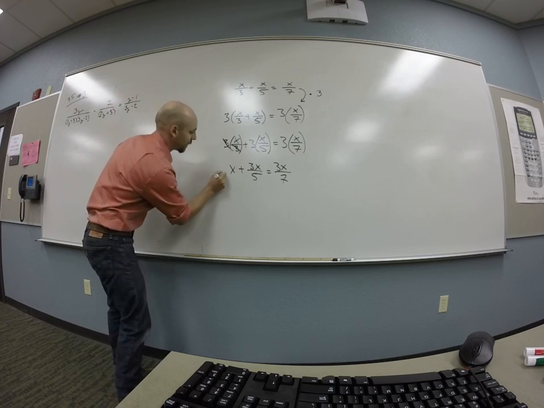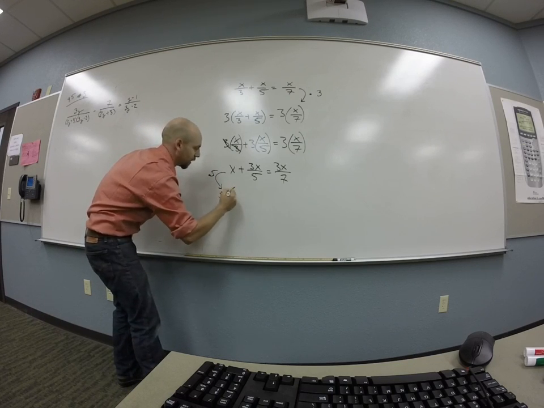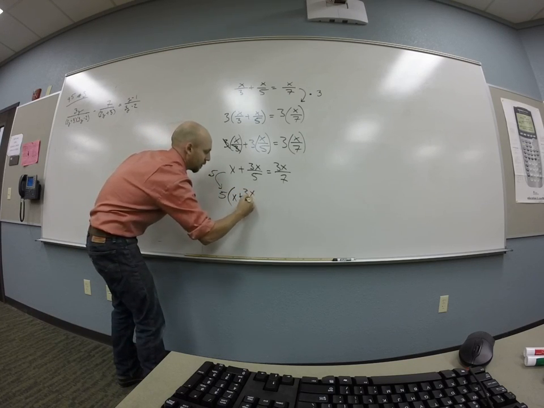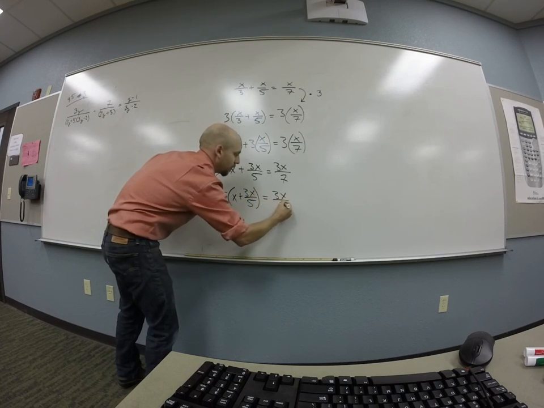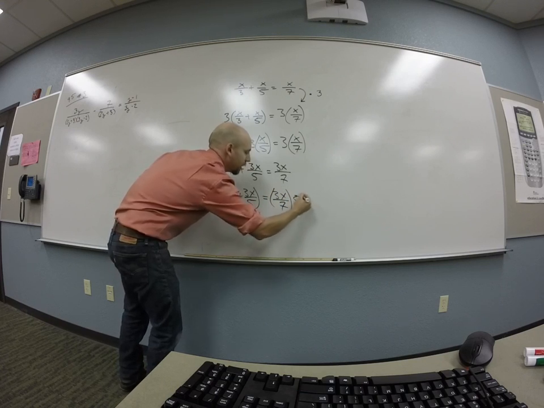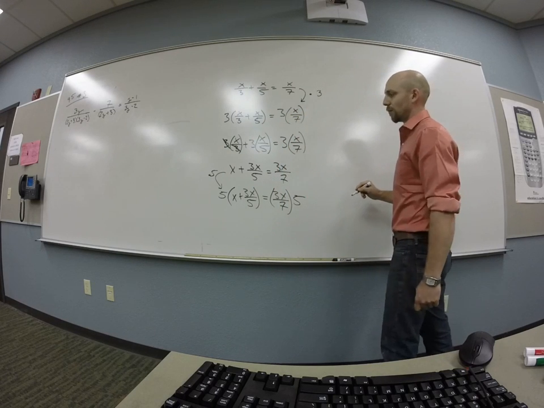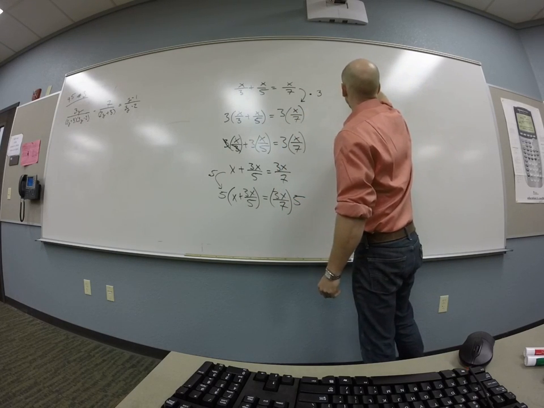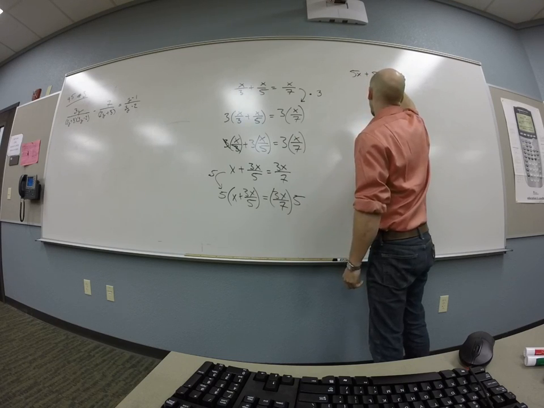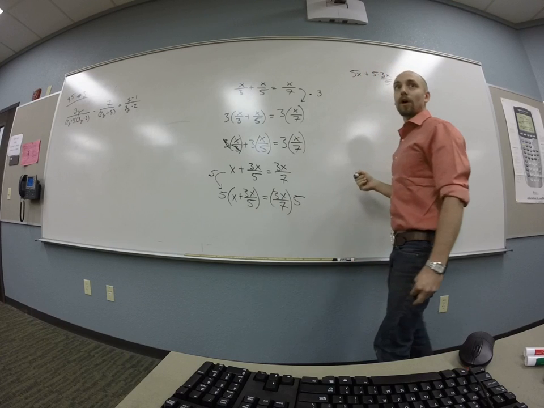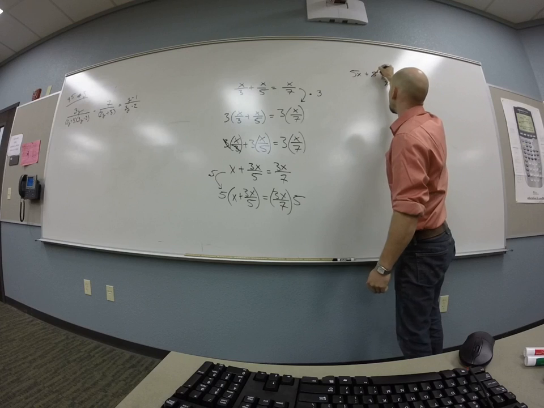If I multiply by, say, 5, I'm going to get 5 times the left-hand side equals 5 times the right-hand side. So then I'm going to distribute. I'm going to get 5x plus 5 times 3x over 5. Don't bother multiplying it out because it's going to cancel.